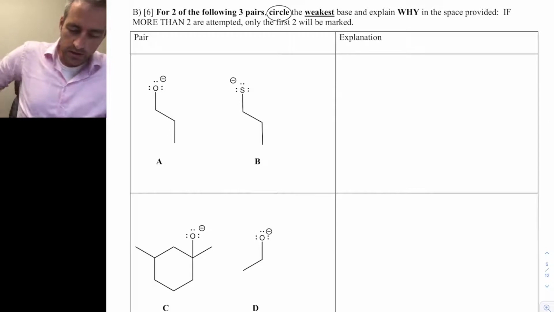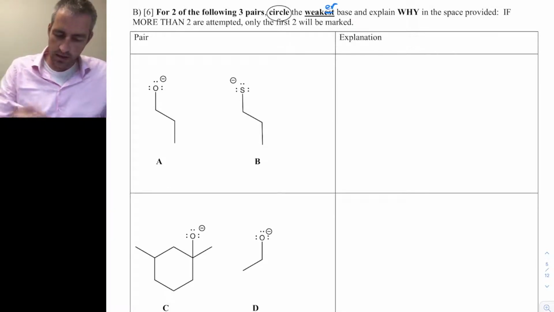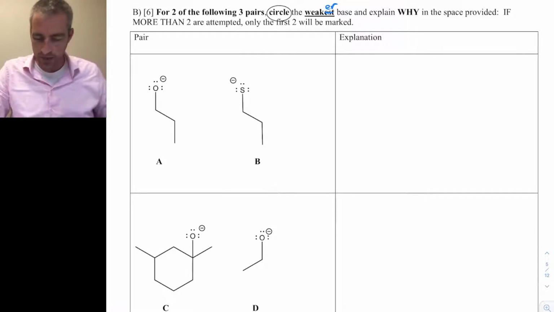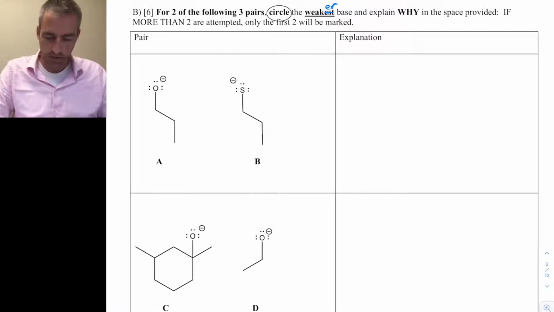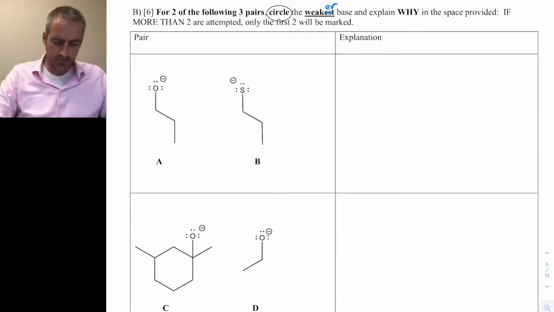For any 2 of the following, circle the weakest base, should be weaker base, and explain why in the space provided. All right, so the weaker one is going to be the one that's more stable. We have an oxygen-centered anion versus a sulfur-centered anion.